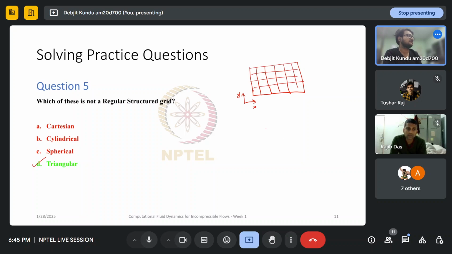Similarly, cylindrical. So in cylindrical, our coordinate systems are, let's say, Z, R, and we have an azimuthal direction theta. So we can have a cylinder like this being its center line, and we can have circles like this. So I'll draw ones over here. We can have smaller circles gradually getting bigger.